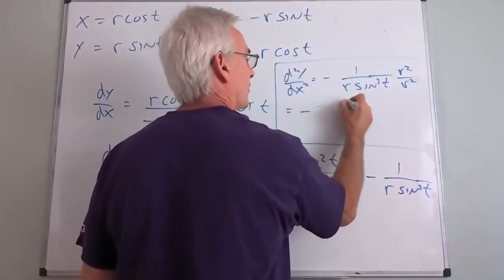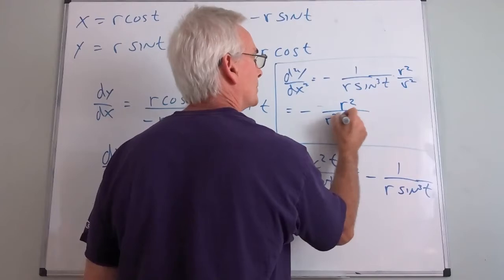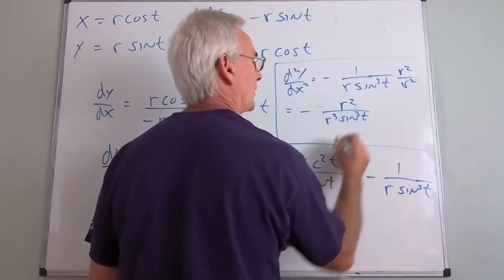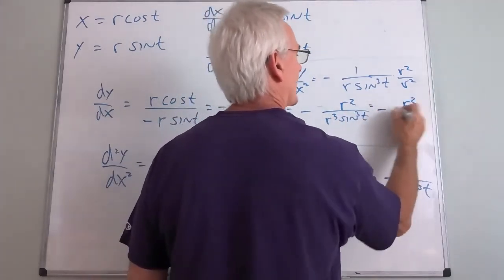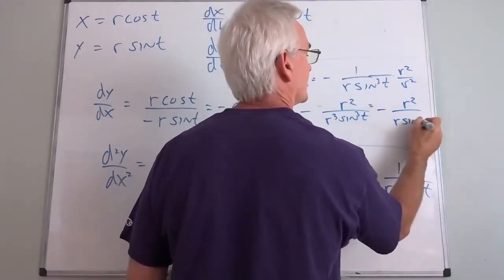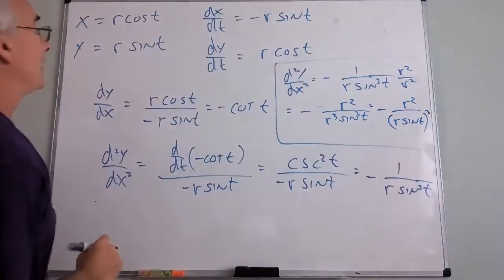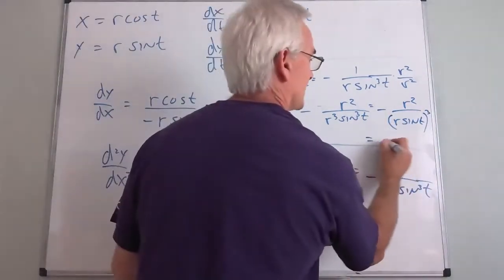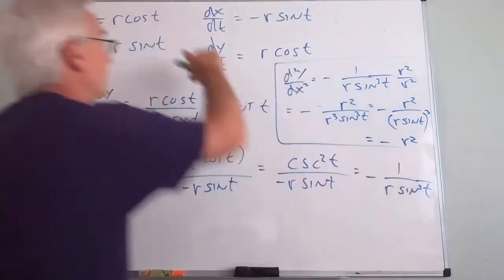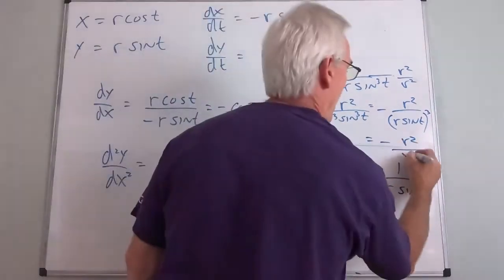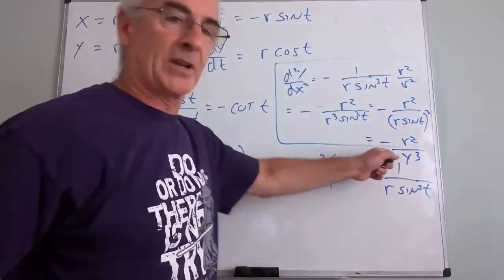Now I've got negative r squared over r cubed sine cubed. Why would I do such a thing? Because now I can write my bottom as (r sin t) quantity cubed, thus making it negative r squared over y cubed. And isn't that the result we got in XY world?